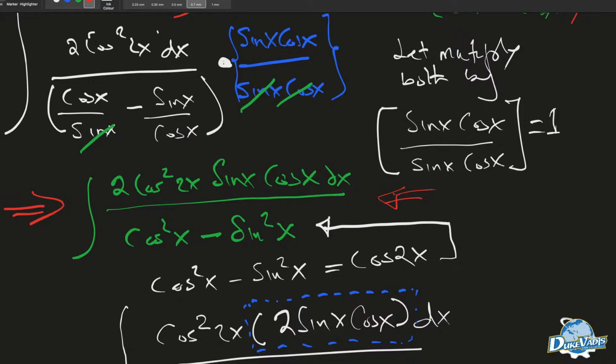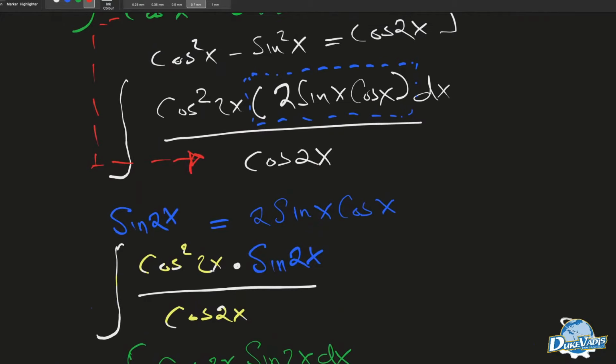Now, by observation, we realize that cos squared x minus sine squared x gives us cos 2x. Therefore, replacing it back, after substitution, we had cos 2x. Now here at the top, when we separated 2 sine x cos x by factorization, we also realized that sine 2x is given as 2 sine x cos x.